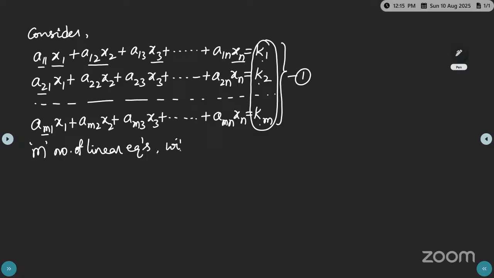With n unknowns. What are those? x1, x2, so on, xn. Now I am expressing this into matrix form. A into x equals k.